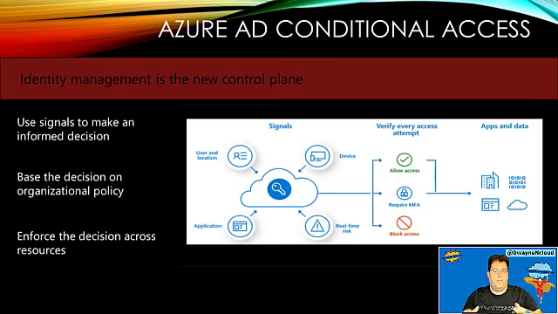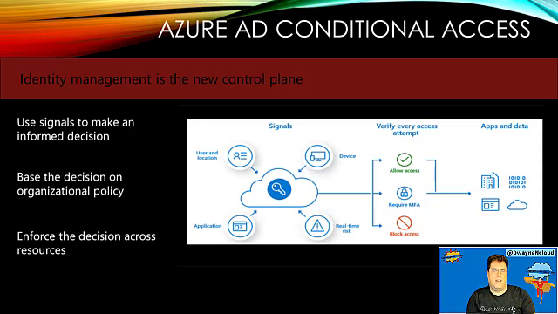And from those standard risk policies, we can also then create conditional access policies. If you look at this chart, it looks very similar to the zero trust model. We have our signals of risk.